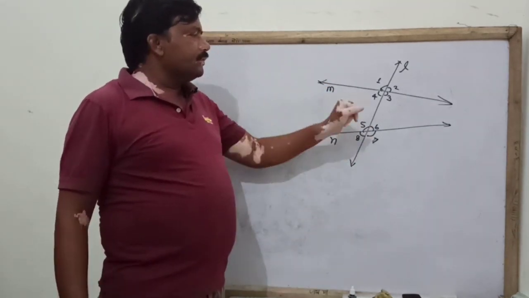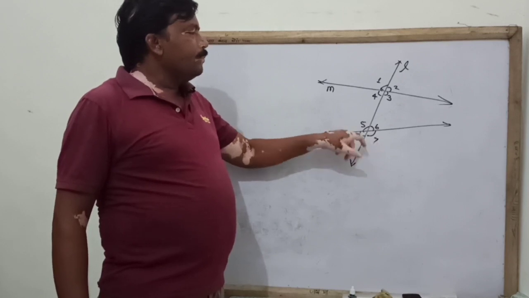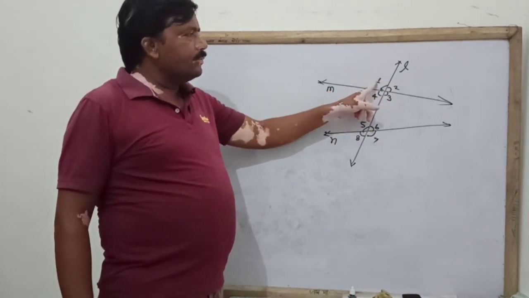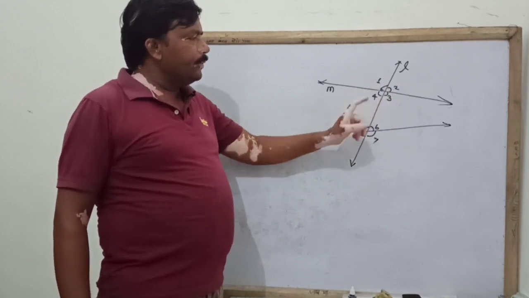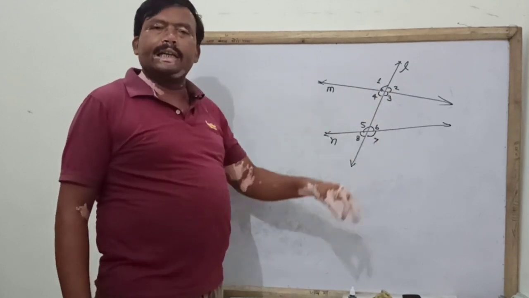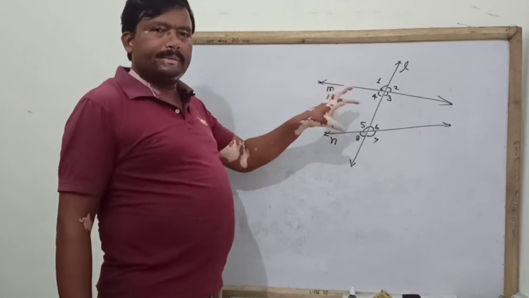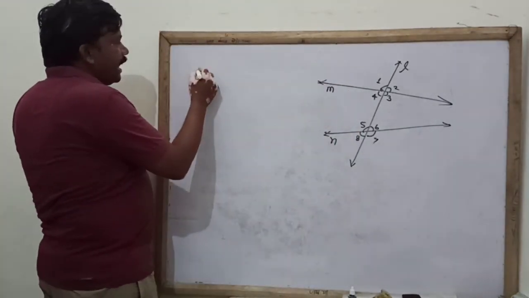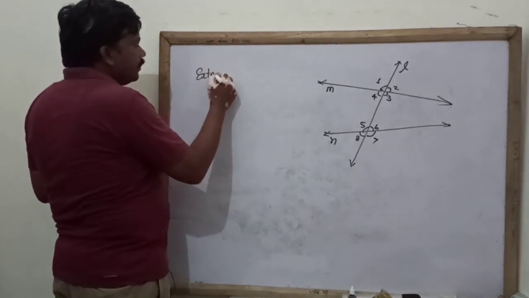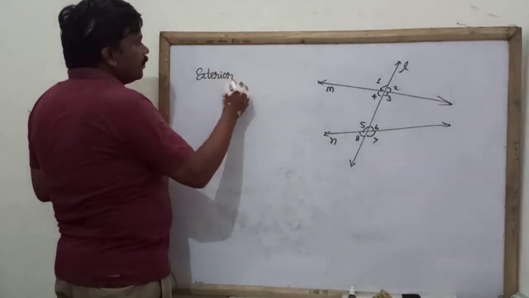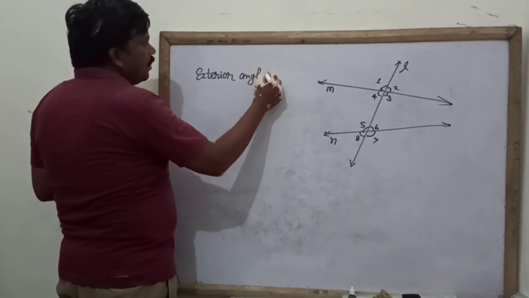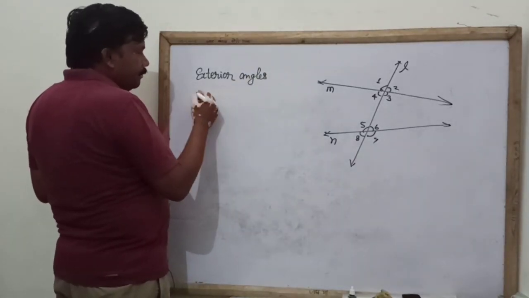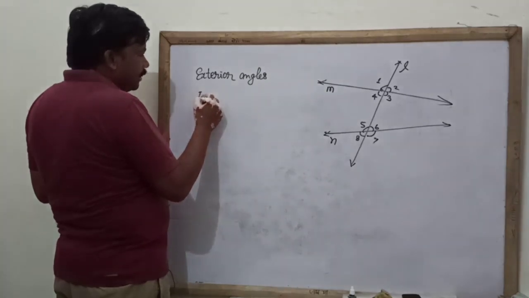There are some angles made by the lines: angle 1, 2, 3, 4, 5, 6, 7, 8. Eight angles are there in this figure. Can you tell me the exterior angles? Can you tell me the interior angles?